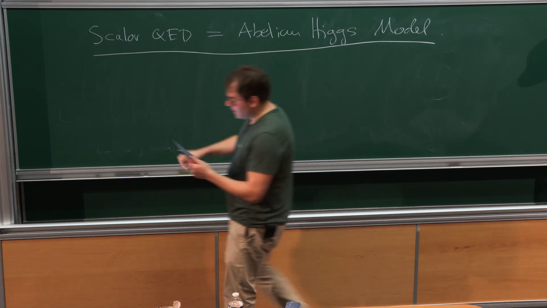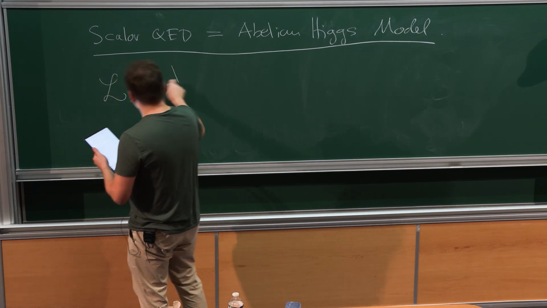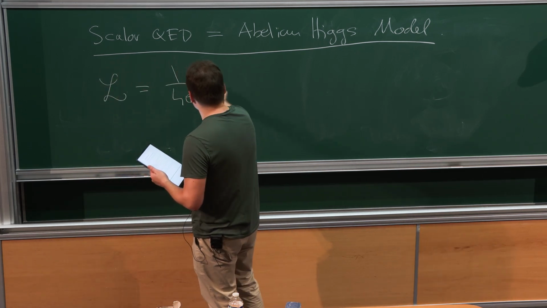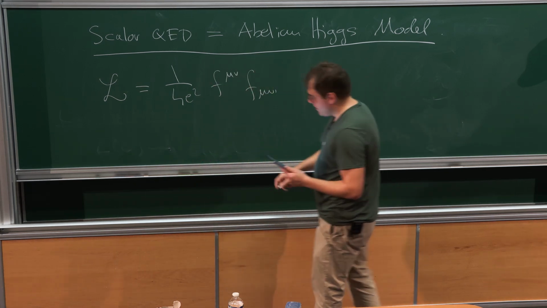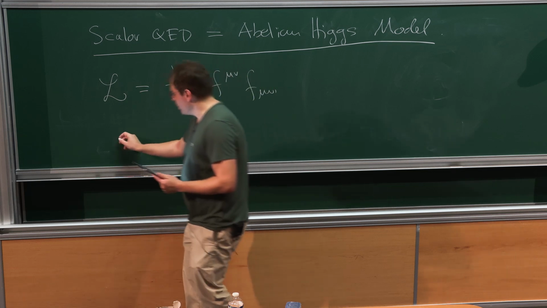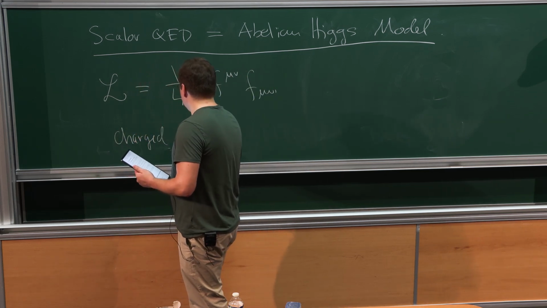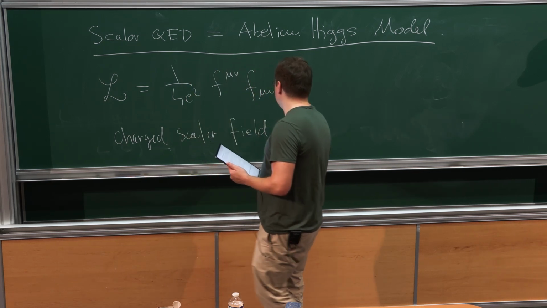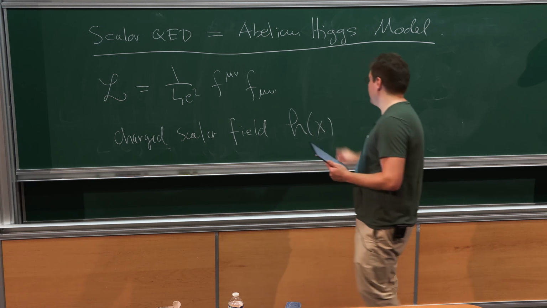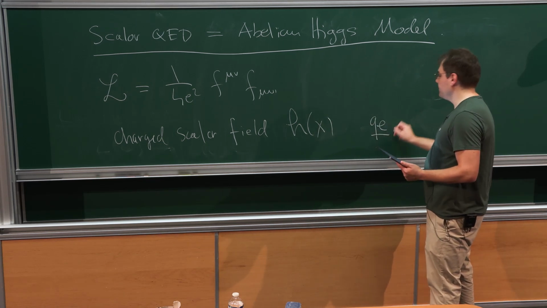All right, so we'll take Maxwell theory, and now I'm going to write it in the pedestrian way. And I'm going to add to it one charged scalar field, which I'll call H for Higgs field, and it'll have electric charge QE.